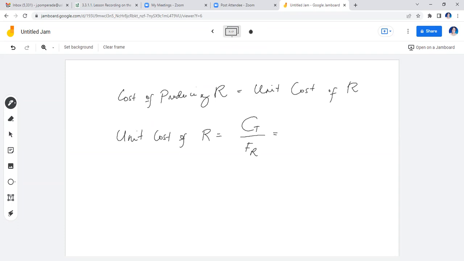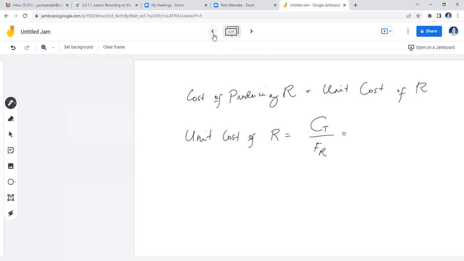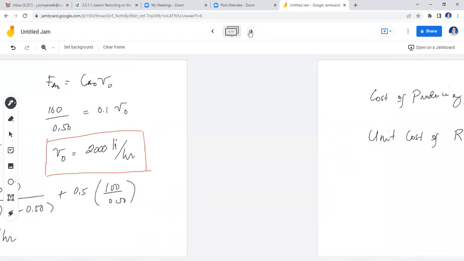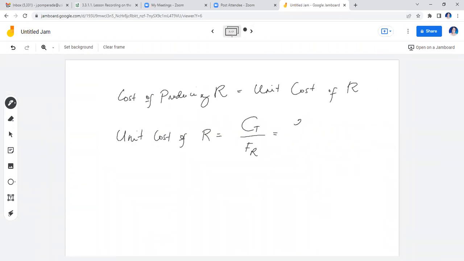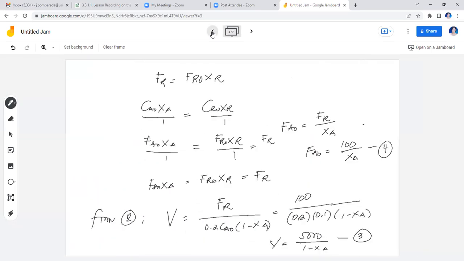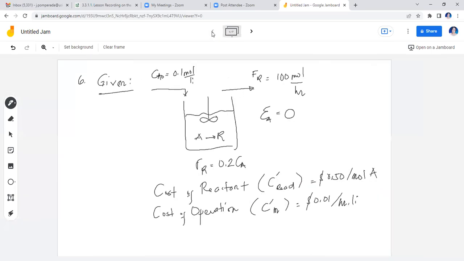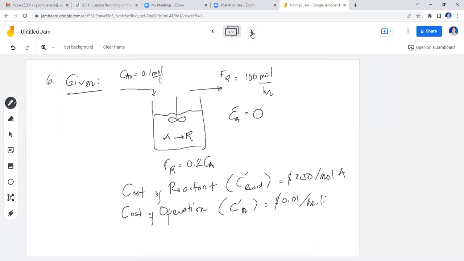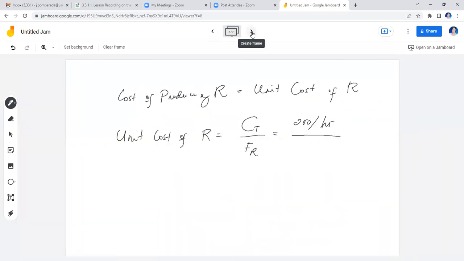So your total cost is 200 per hour, and we divide it by the amount produced per hour. I think this is the 100 mole per hour. This one. So this is 100.